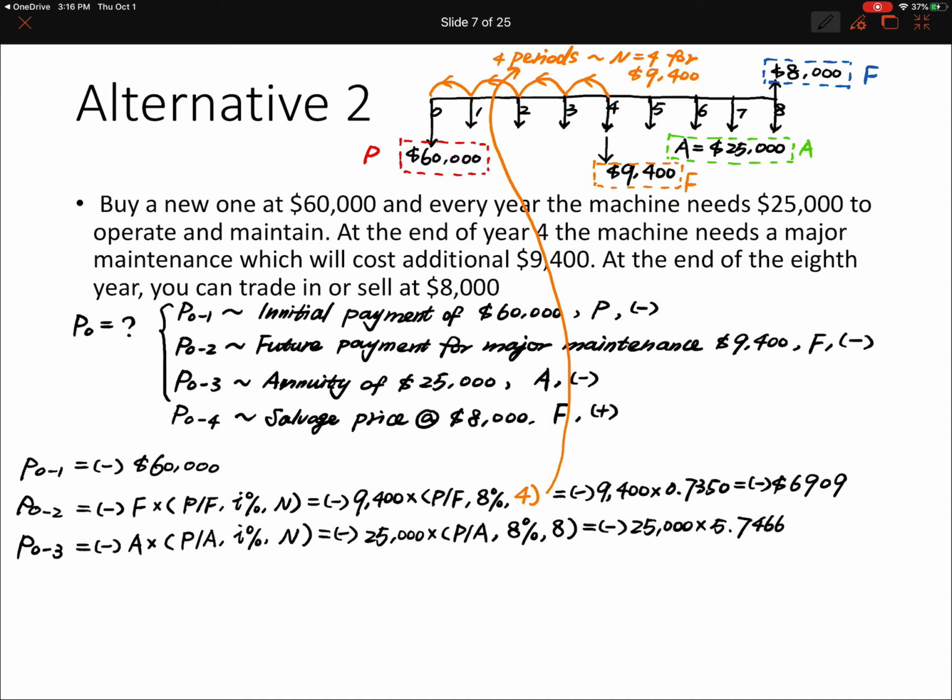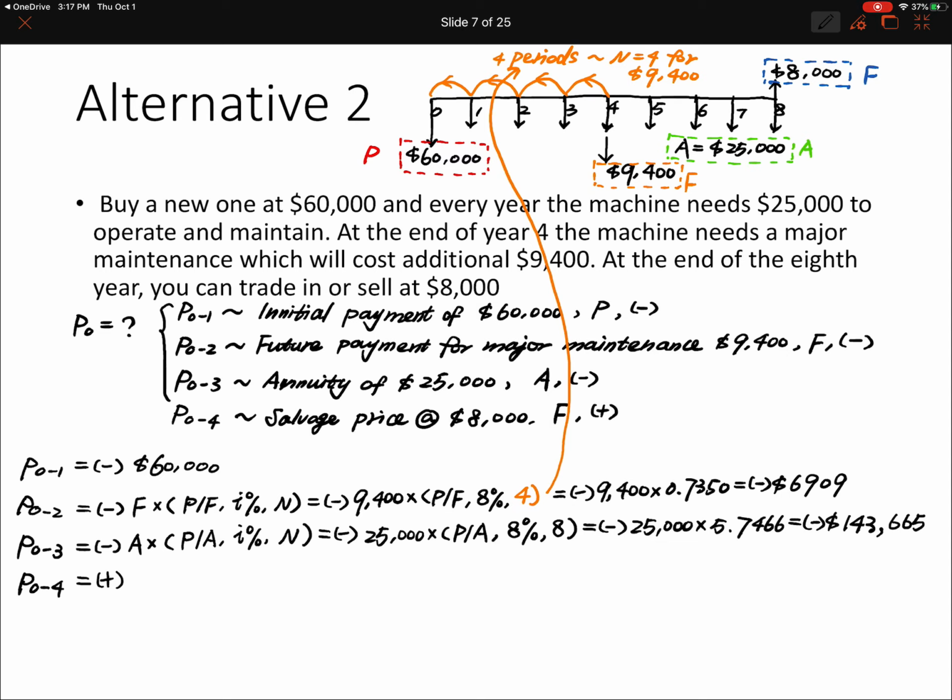It is 5.7466. So the final result is 143,665.